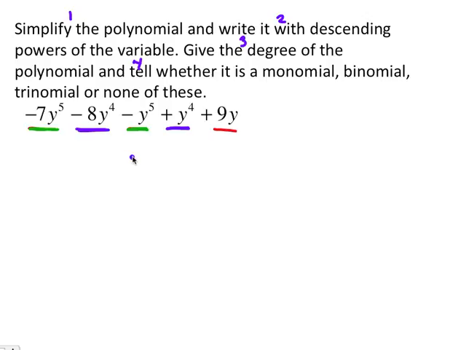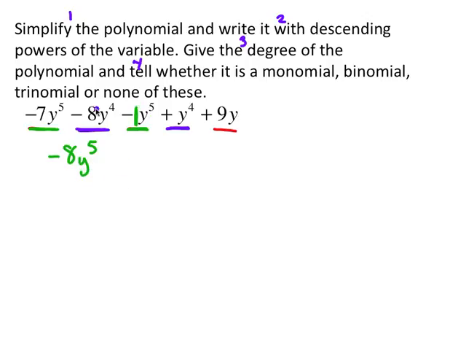So first of all, we want to remember that if there's no number in front here, it's a 1. So the two that we underlined in green, that's a negative 7y to the 5th plus a negative 1y to the 5th, which equals negative 8y to the 5th. So when you're combining them, you're just adding their coefficients, those numbers in front, but you don't change the exponent. Okay, it stays y to the 5th.